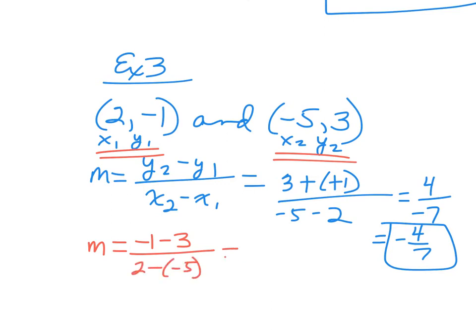A lot of people, when they get a negative on the second one, forget the double negative. They just put one of the negatives. But do you see it's 2 minus negative 5 here? That comes out to be negative 4/7, or still negative 4/7. So he's right. It doesn't matter which way we label them. I get negative 4/7 either way.